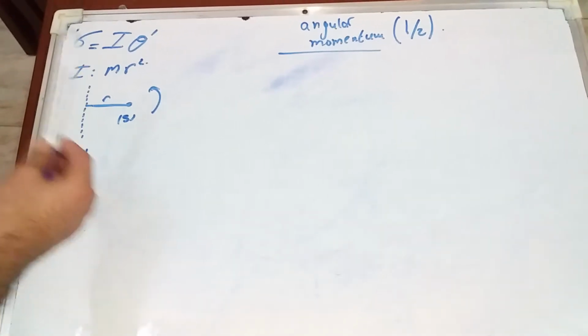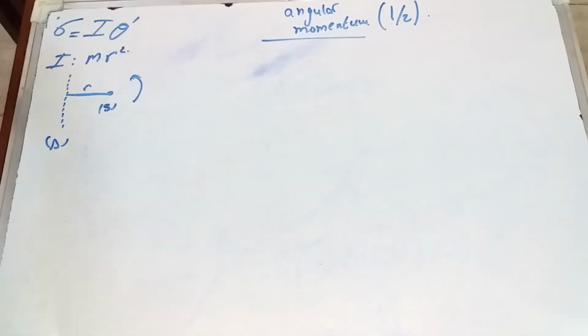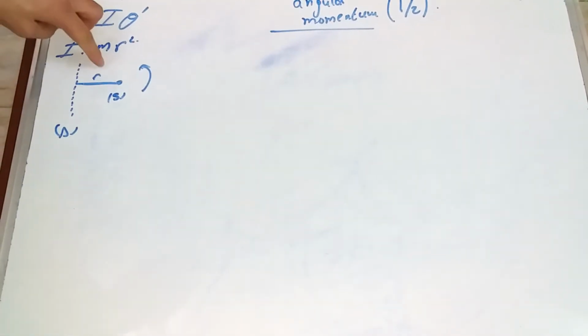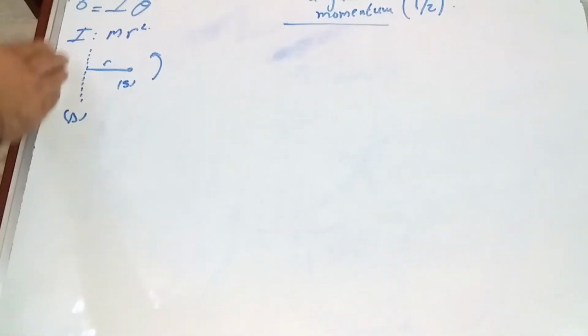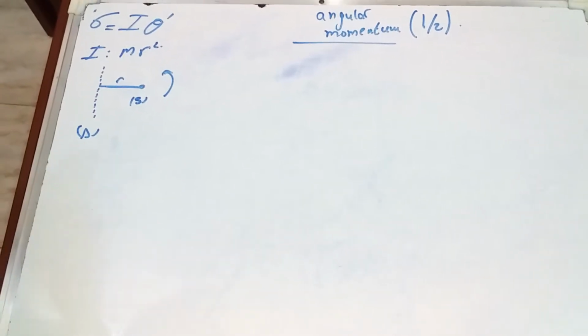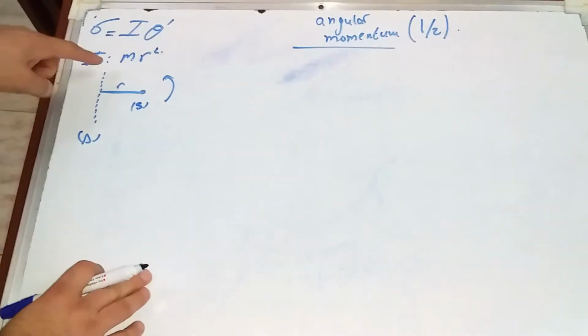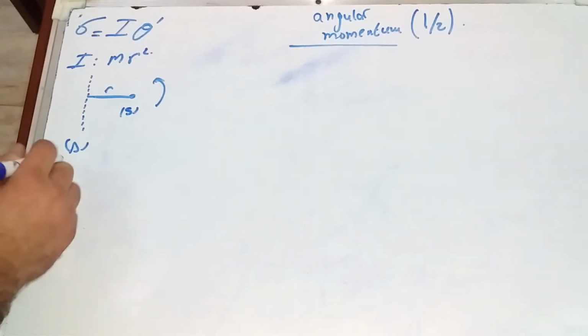So this particle is rotating in this way. This is R, the distance separating the particle S and the axis of rotation. Then the inertia of this particle will be its mass multiplied by the distance squared.